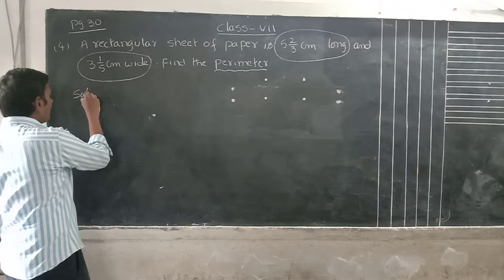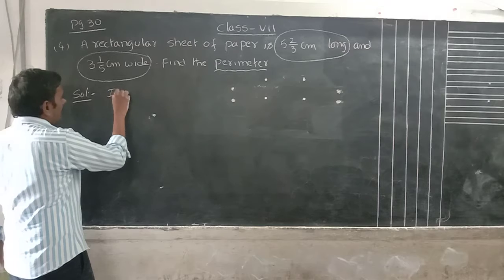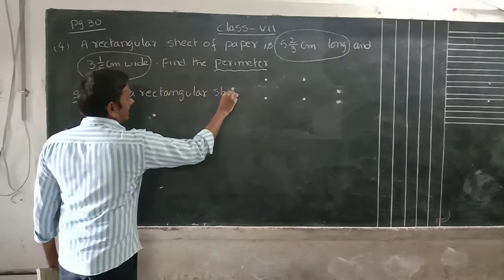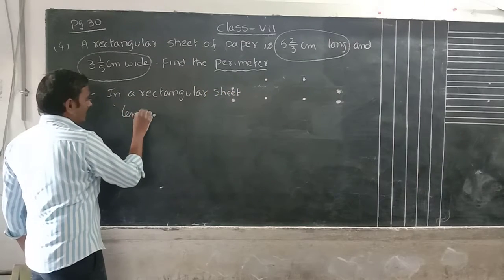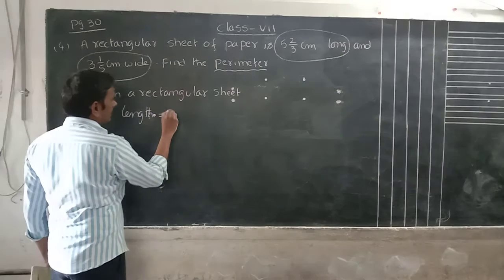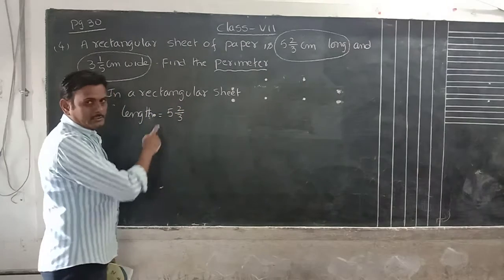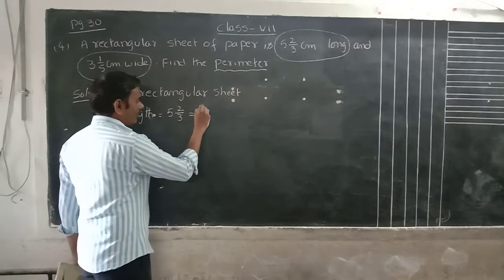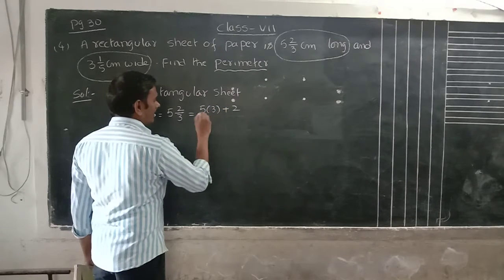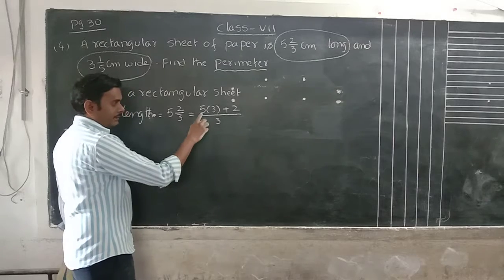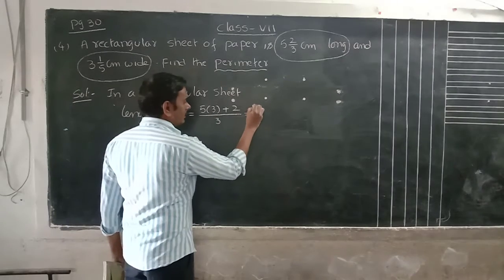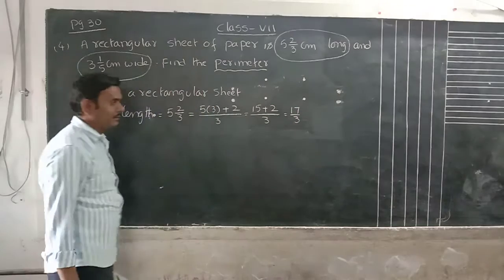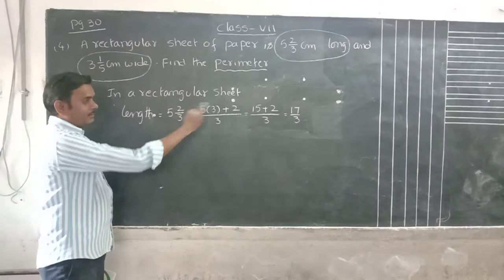Solution. In a rectangular sheet, length equals 5 2/3. This is a mixed fraction, so convert it into an improper fraction. 5 times 3 is 15, 15 plus 2 is 17, so 17/3.